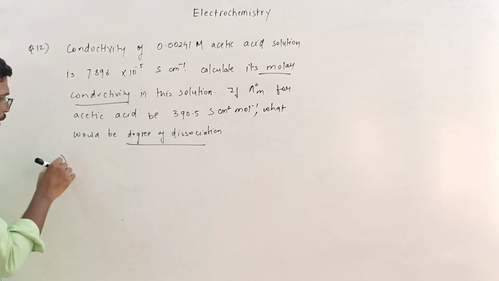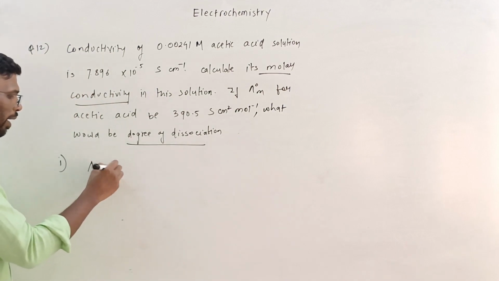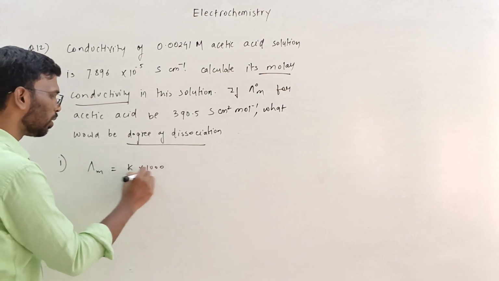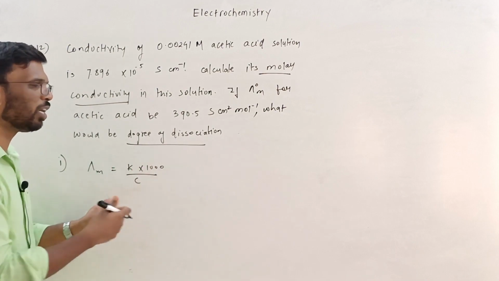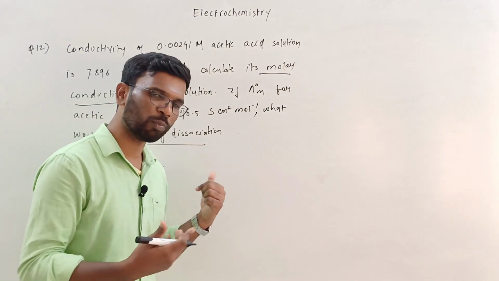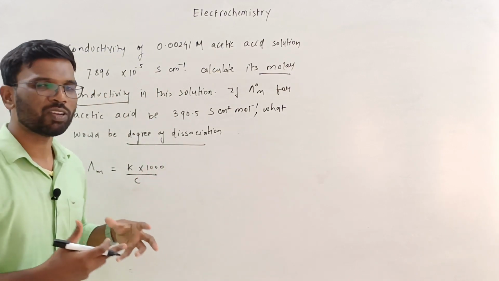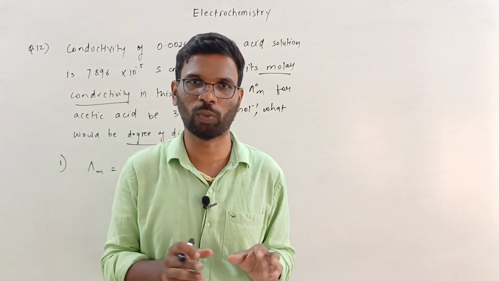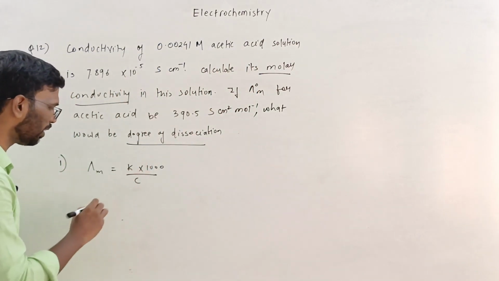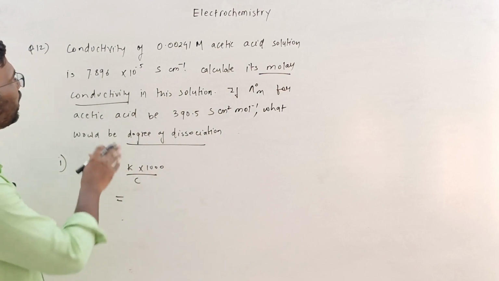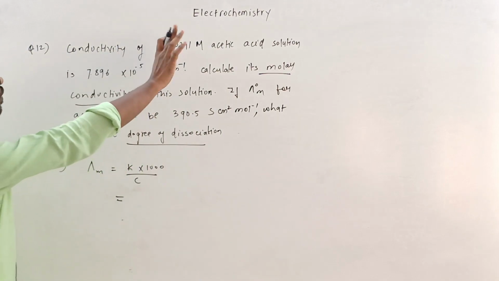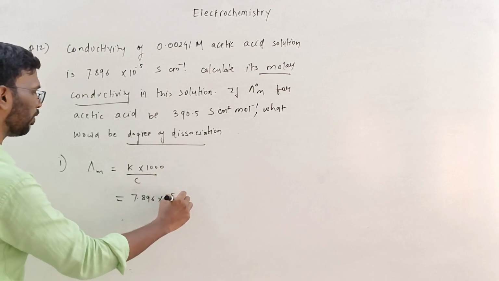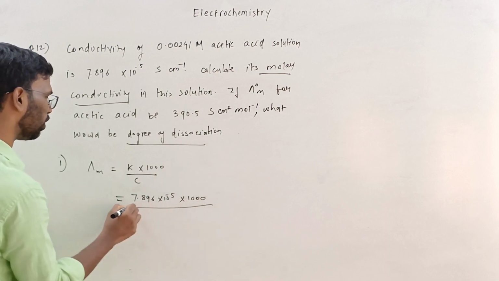First, molar conductivity. Molar conductivity lambda m is what? It is conductivity into 1000 upon concentration. Why do we multiply 1000? Because concentration is moles per liter, but I want it in moles per ml, so that's why this 1000 is there. So I'll write, conductivity is given as 7.896 into 10 raised to minus 5, and this 1000 is a conversion factor.